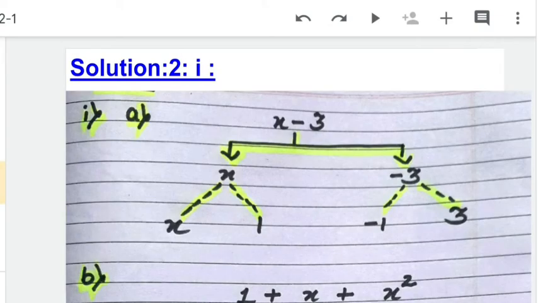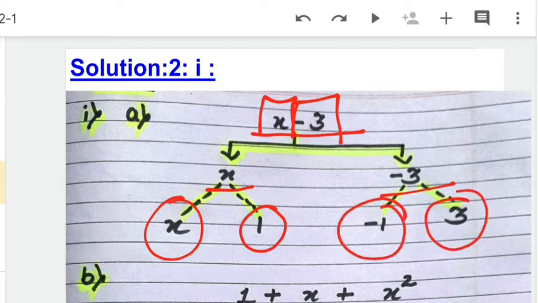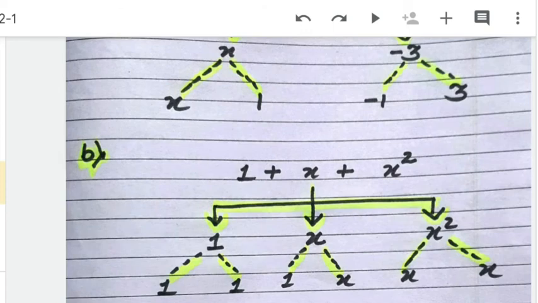So let's start. The first expression is x minus 3. Here we have two terms, x and minus 3. For x we can write the factor as 1 into x, and for minus 3 we can write minus 1 into 3.